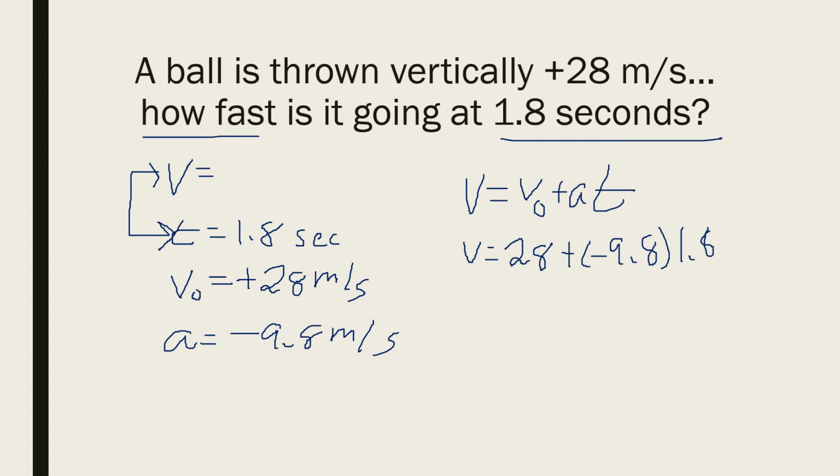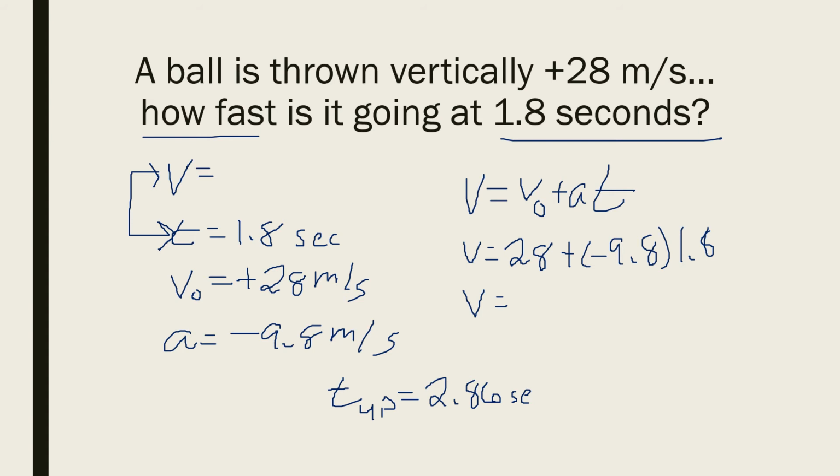When I type that in my calculator, I get a velocity of, hold on, I remember that T up was 2.86. So at 1.8 seconds, should this still be going up or should it be coming down?